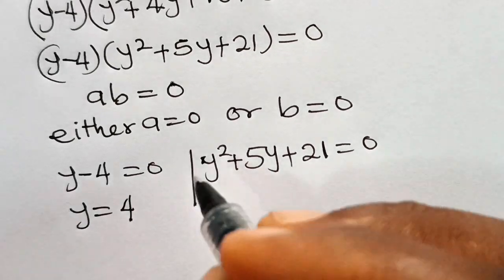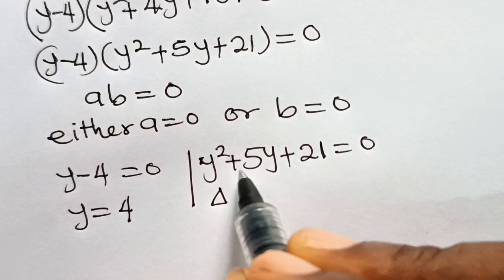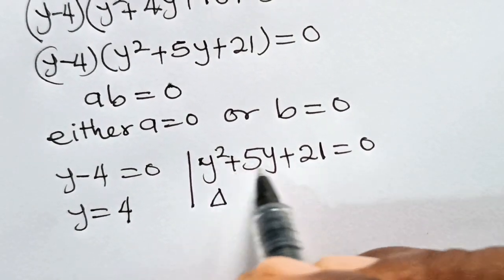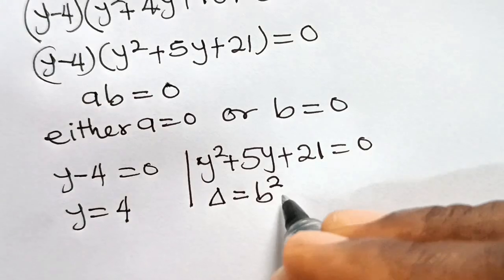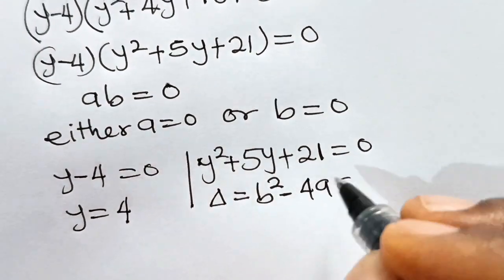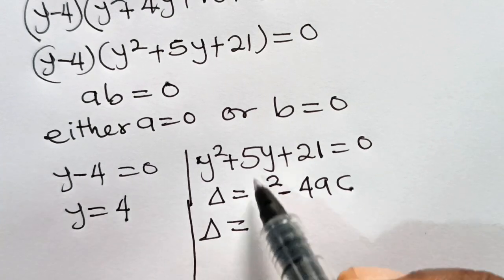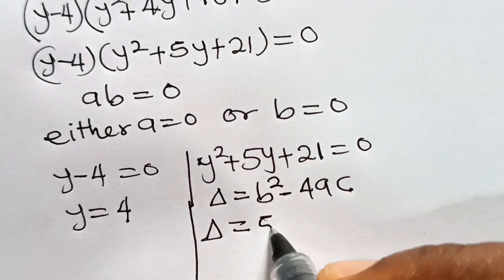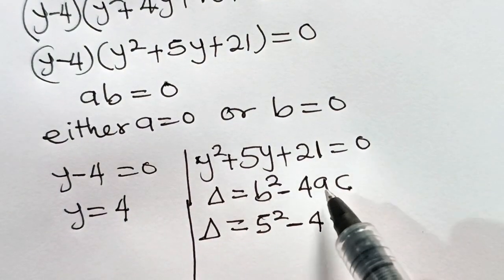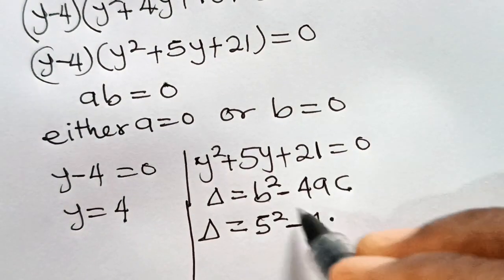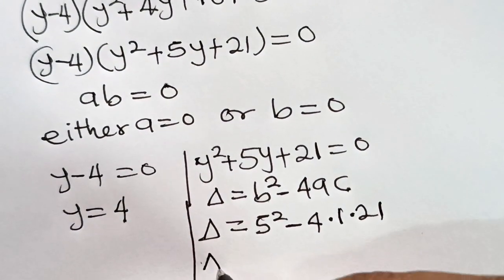Now coming to this side, we need real values of y. So let's use the discriminant to check if we can find the real value of y from here. The discriminant is b squared minus 4ac. So b is the coefficient of y, which is 5. So we have 5 squared minus 4 multiplied by a, the coefficient of y squared, which is 1, and c is our constant, which is 21.